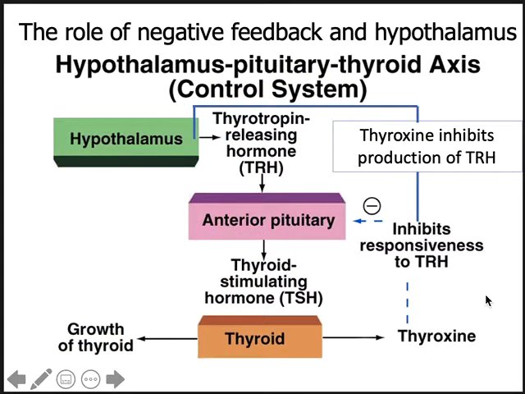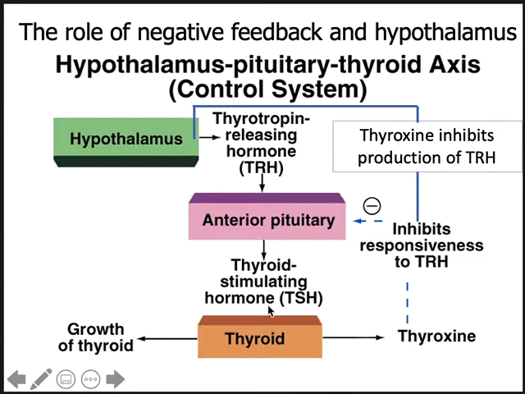Okay, so the role of negative feedback in the hypothalamus, using TRH and TSH as examples. Okay, so the hypothalamus is responsible for TRH, right, thyrotropin releasing hormone, and that hormone will stimulate the anterior pituitary to release its TSH, thyroid stimulating hormone.